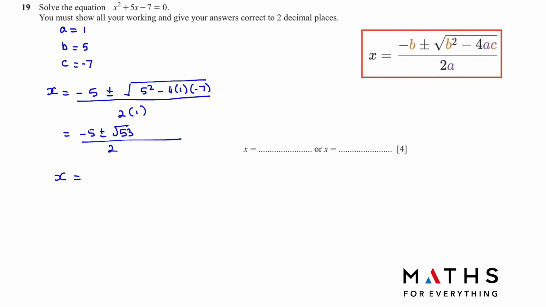The two values of x are negative 5 plus root 53 over 2, and the other value is negative 5 minus root 53 over 2. We got 1.14, and for the other one, we got negative 6.14.